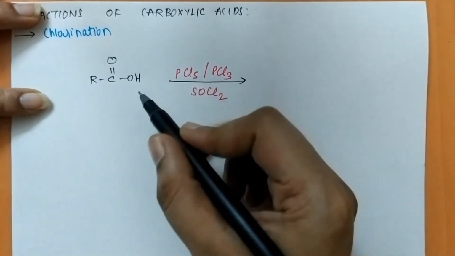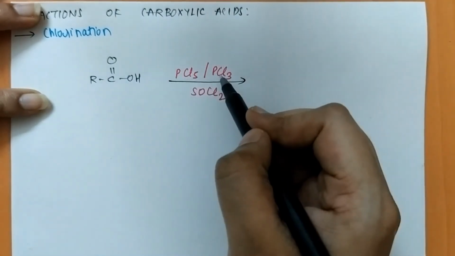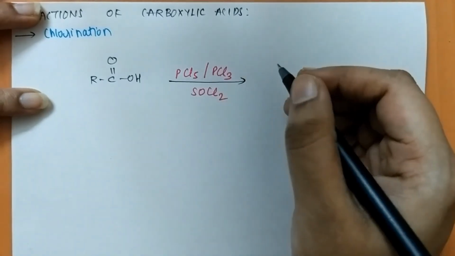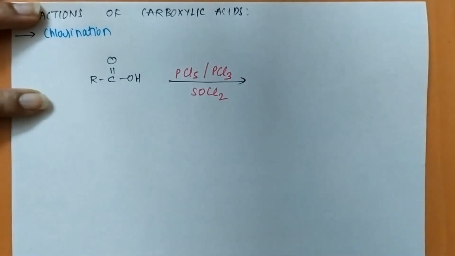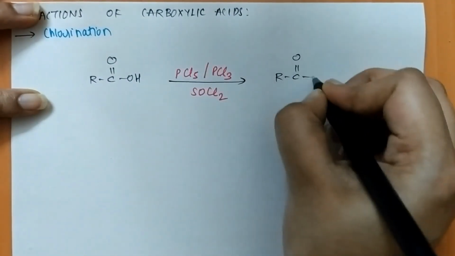Now, however, whether the carboxylic acid reacts with PCl5, PCl3 or SOCl2, we ultimately get an acyl chloride.